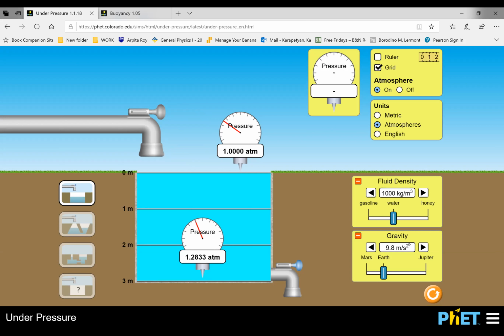So if I use the same equation that we had, pressure at point 2, let's say here's point 2, equals pressure at point 1, which would be here, plus rho g h. So replace rho with 1,000 kilograms per cubic meter, and replace h with 3 meters.